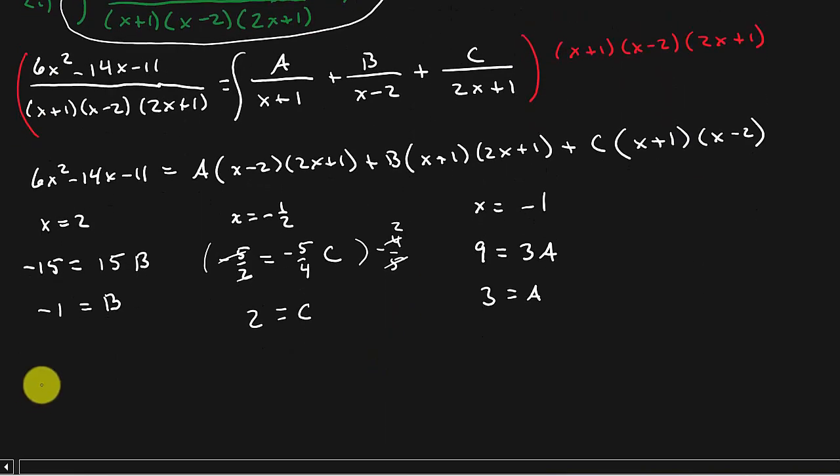And so my integral is going to be the integral, and a is 3, and I'm going to pull the 3 out, and that's going to be 1 over x plus 1 dx. And then b is negative 1, so minus the integral 1 over x minus 2 dx.